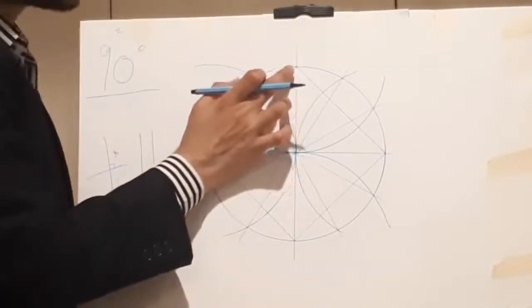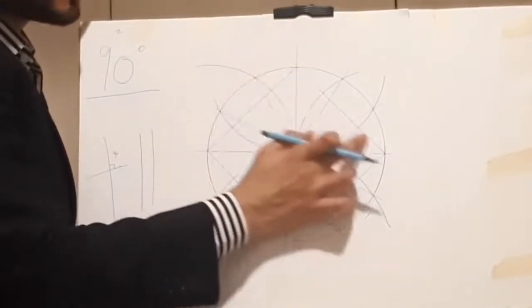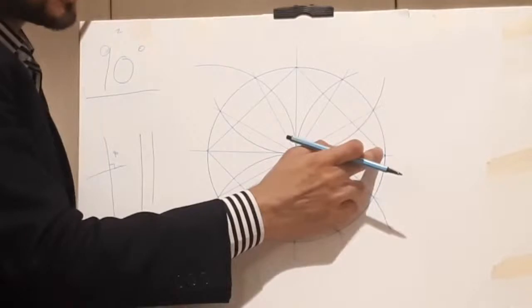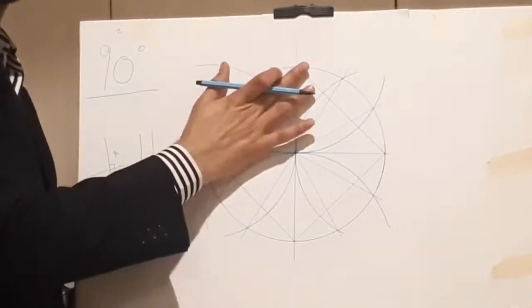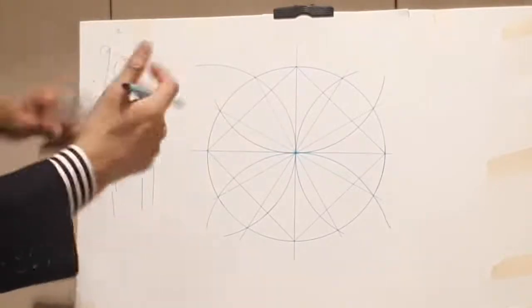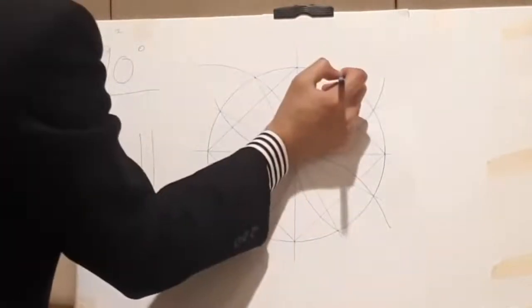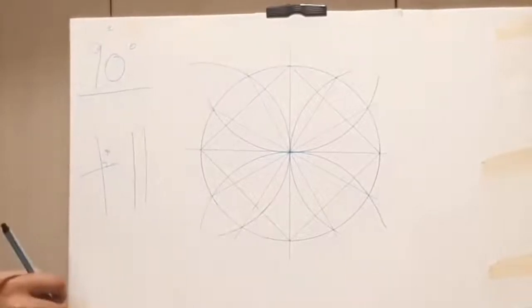So your square started from this section, stopped over here, stopped over here, and then went back to the origin. So your next square will be from this point.